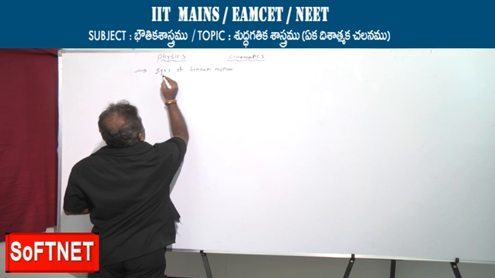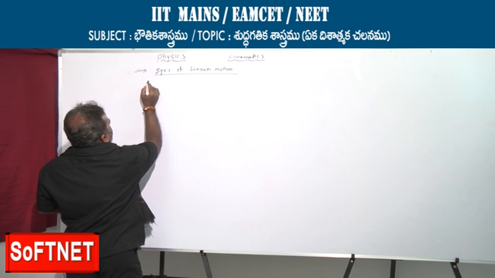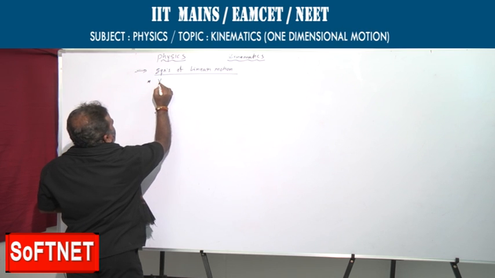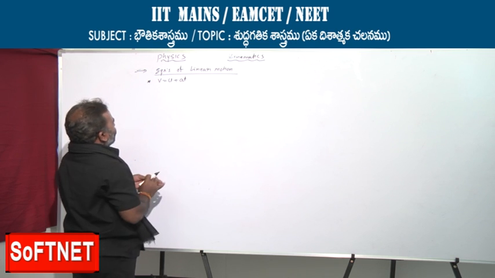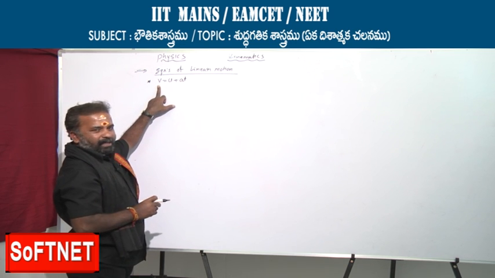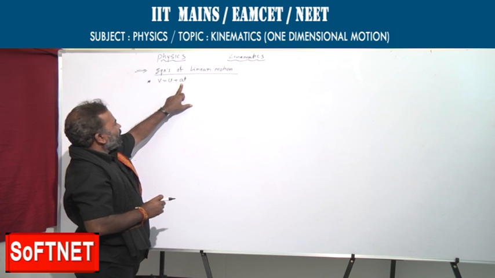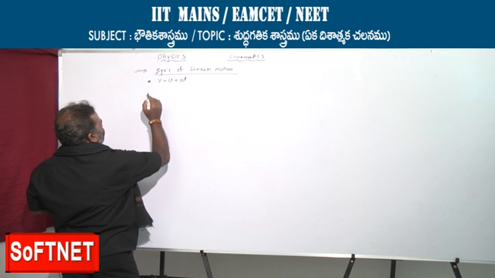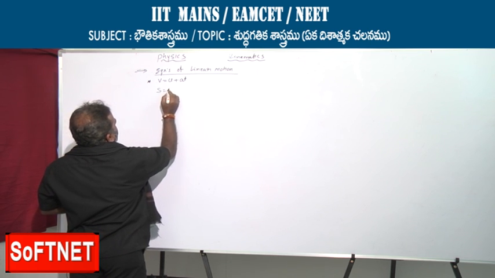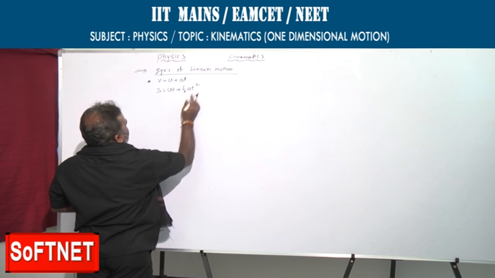that is one dimensional. So, we know the very familiar. One is V is equal to U plus AT, where V is final velocity, U is initial velocity, A is acceleration, uniform acceleration. Next equation you are familiar, S equals ut plus half at square.